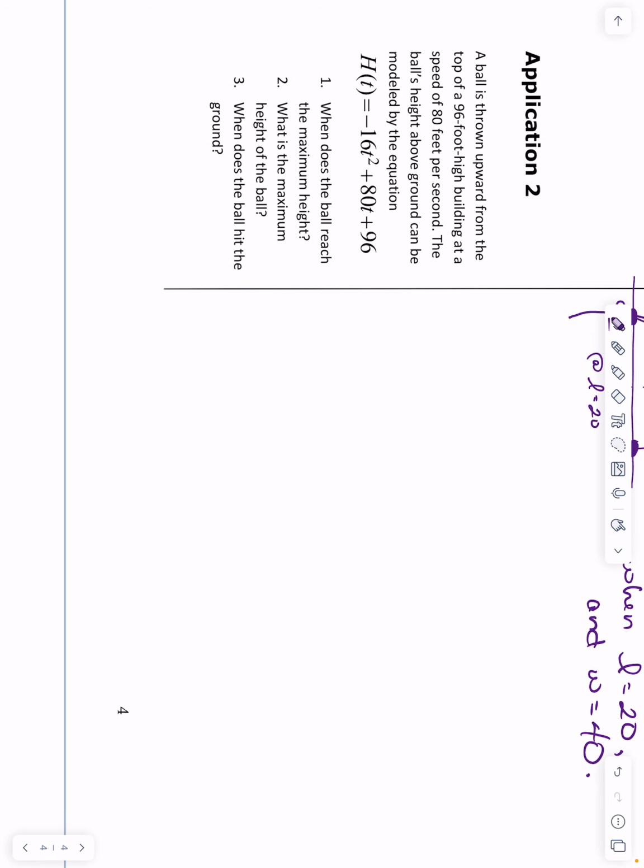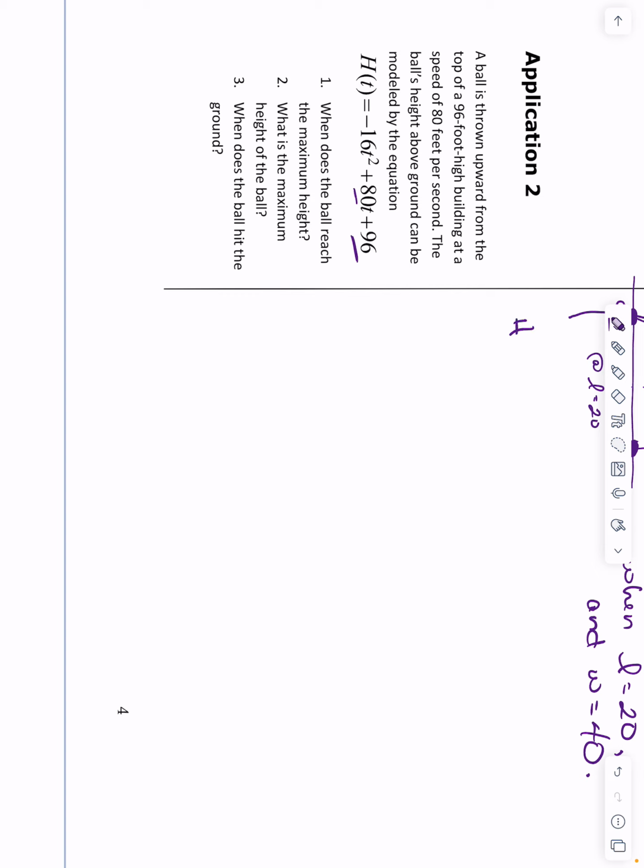Application number 2. We have a ball thrown upward from the top of a 96-foot high building at 80 feet per second. Here is the ball's height. Here's that initial velocity. Okay. We want to know when the ball reaches the maximum height, what is the maximum height, and when the ball hits the ground.